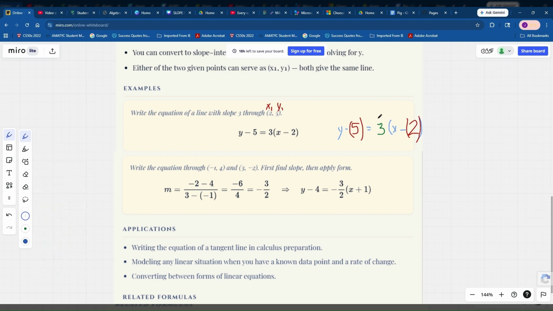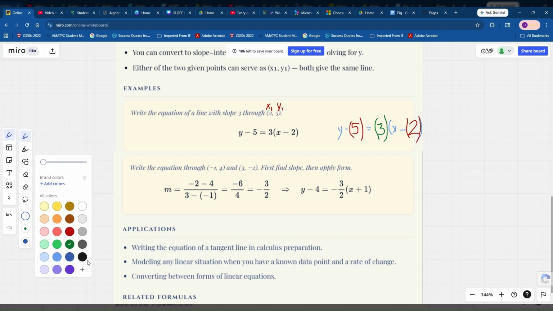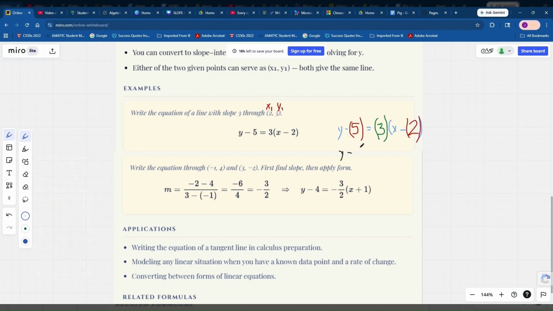It usually doesn't matter, but anytime that you do a substitution, it should technically be in parentheses. And then those parentheses will go away. We're not actually going to need them in most cases. But that is what gives us our equation. y minus 5 equals, we'll just leave the 3 on the outside, and then x minus 2.